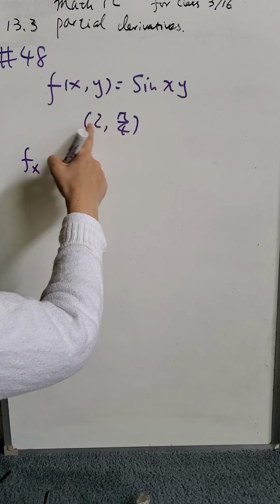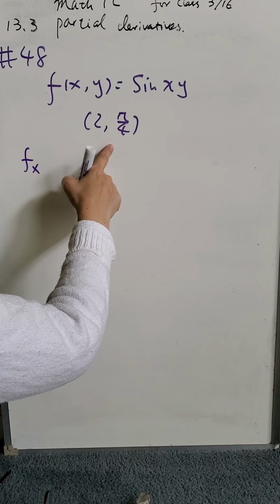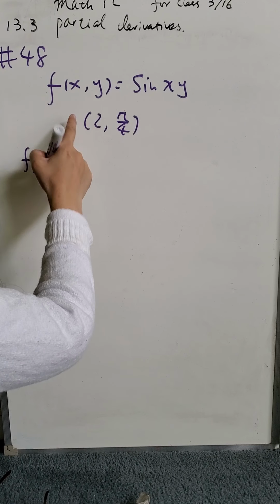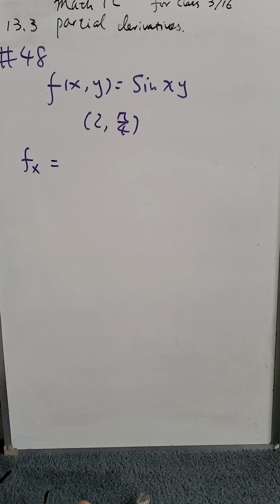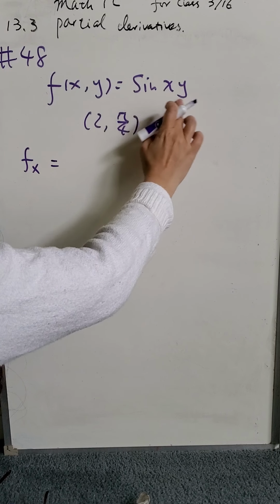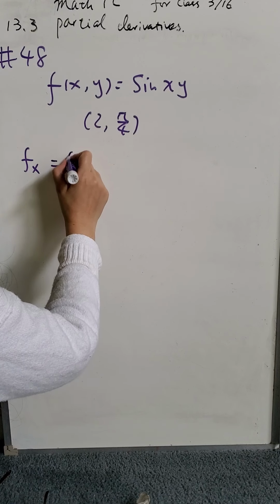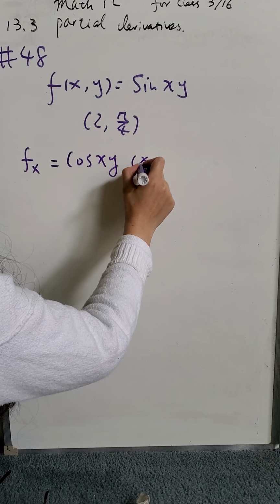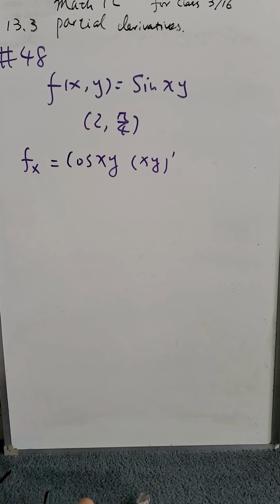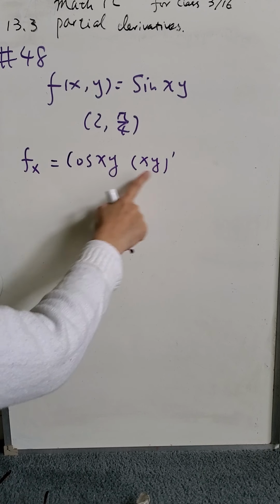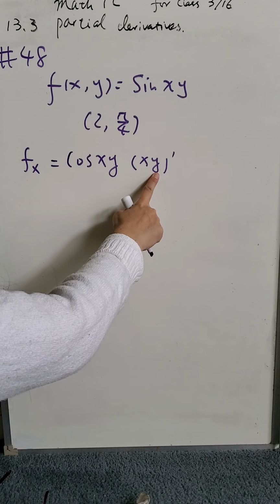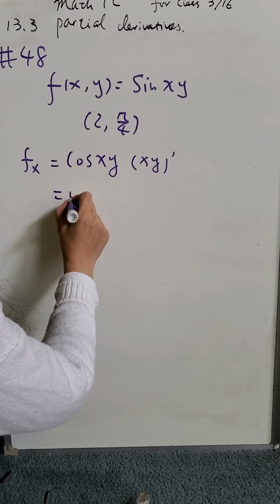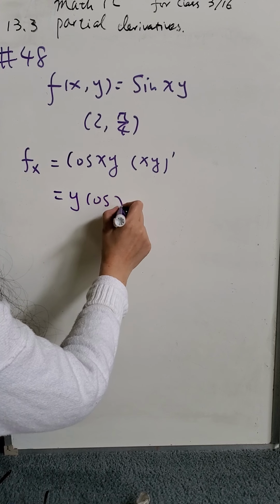They said find fx, fy at this point, so we're going to find fx first before we substitute the point inside. So this will be cosine xy, and then (xy)' prime. Because it's with respect to x, your y will be treated as a coefficient, a number. So that just becomes y cosine xy.